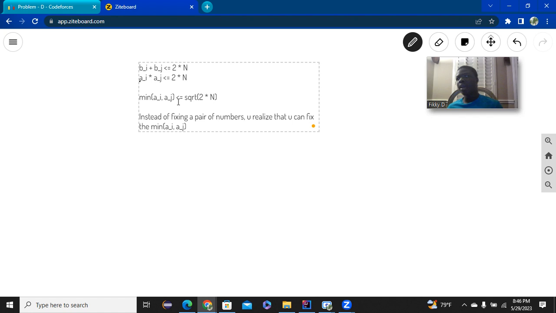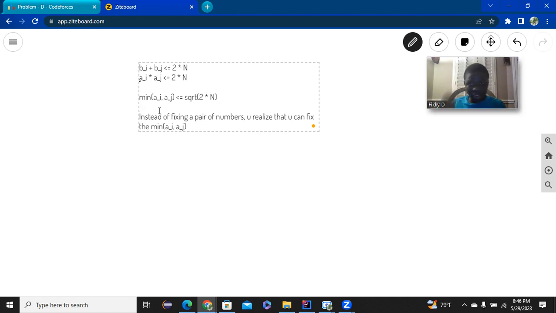If we fixed a pair, we would have to go from 1 to n, and we would feel like, okay, we're still going to have this n squared solution. So instead of fixing a pair, and we got this from those constraints, the motivation behind this is more intuition at that point.